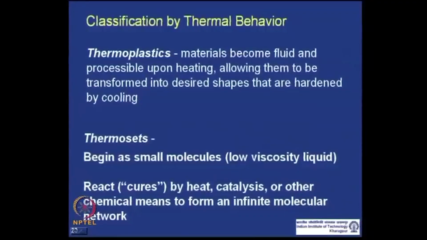Another class is thermosets, where a polymer is made in situ. You start with small molecules, monomers, as a low viscosity liquid, put it in a container, and then cure it by heating or by some chemical reaction. By doing this, it forms a crosslinked network. The terminology I mentioned on the last page, where polymer chains are networked, they are crosslinked and frozen.